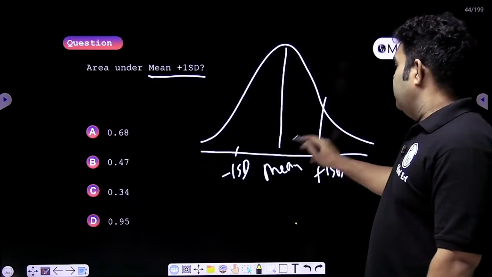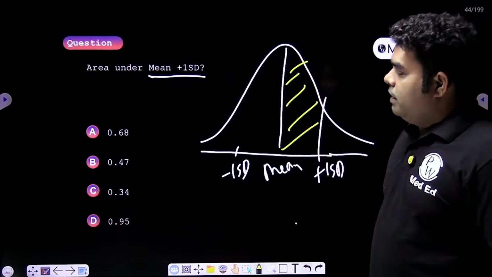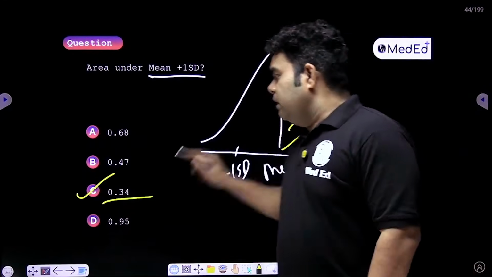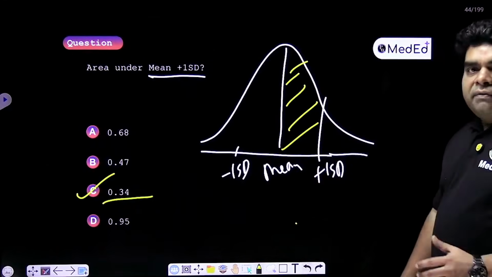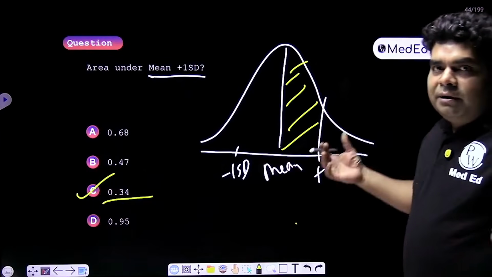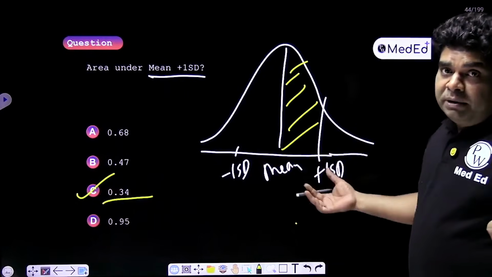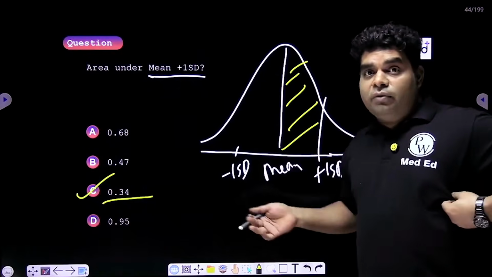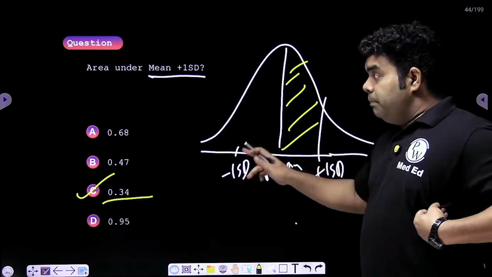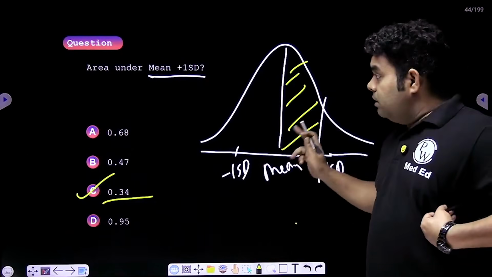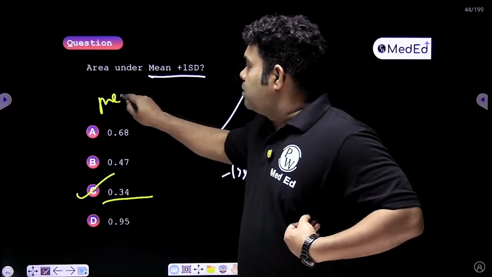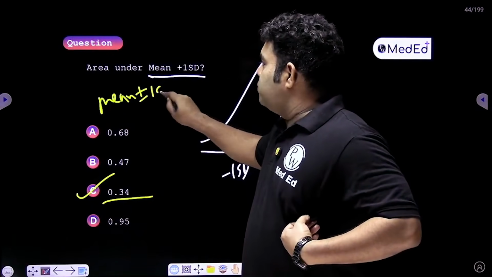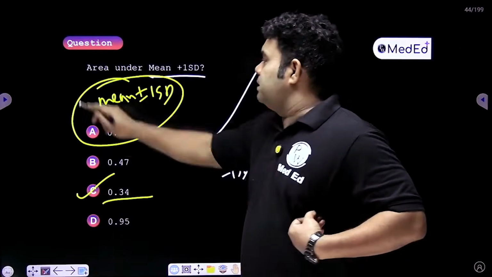They are just asking this area, half of 68. And half of 68 is, of course, 34%. So if they ask area under mean to +1, it is 34%. And if they ask mean ±1 standard deviation, then it becomes 68%.